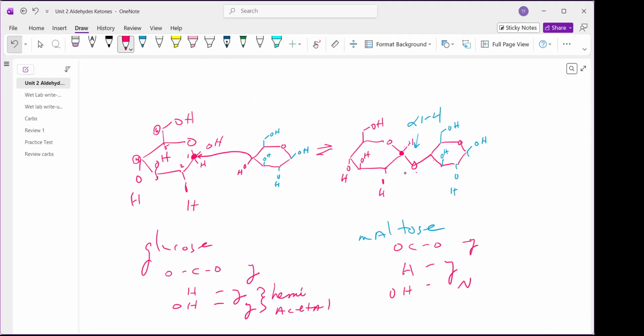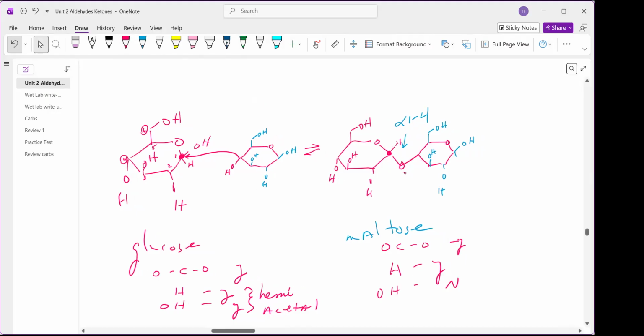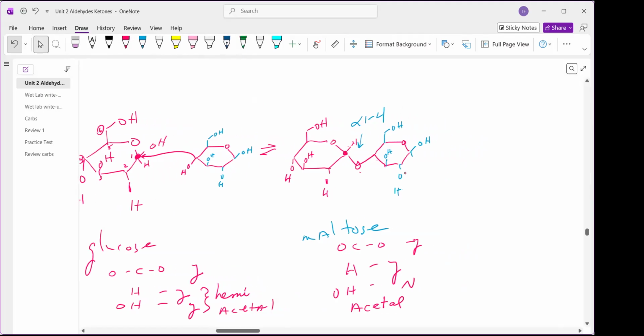No. So that makes this a full-blown acetal. However, we have a second OCO because we have 2 anomeric carbons now. We have this one and the first one. So OCO again.